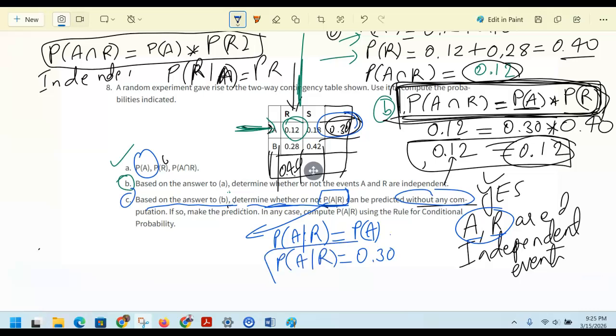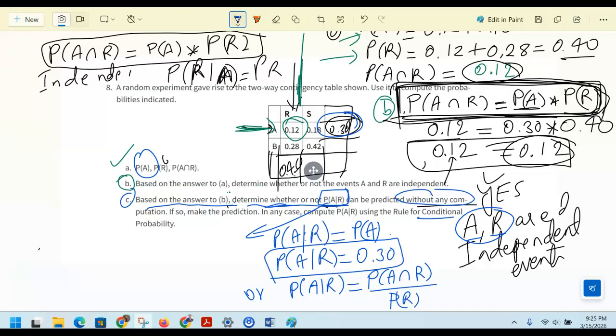So without computing, we can directly say that, or we could use conditional probability. What is that? Probability of A when R has occurred is probability of A and R, by conditional probability, divided by probability of R. Now A and R, from the table, let me show this.